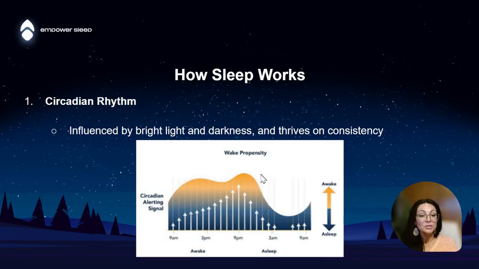That's one of the signals that helps to tell the body that daytime is here, and that circadian alerting signal gets stronger and stronger. At some point when light starts to diminish, the circadian alerting signal then goes down. As darkness occurs, there are different signals to the body. For example, the body will release melatonin instead of that circadian alerting signal, and that's typically when sleep happens.